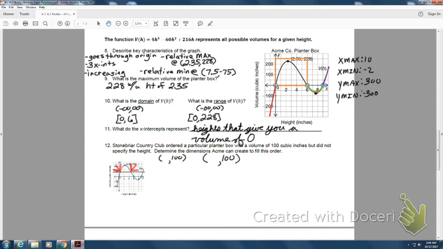Yes, ma'am. That's going to give you a straight horizontal line at 100. Okay, so Tara, in that first intersection point, what did you get for that one? 0, 100. Try this one. Try that again.